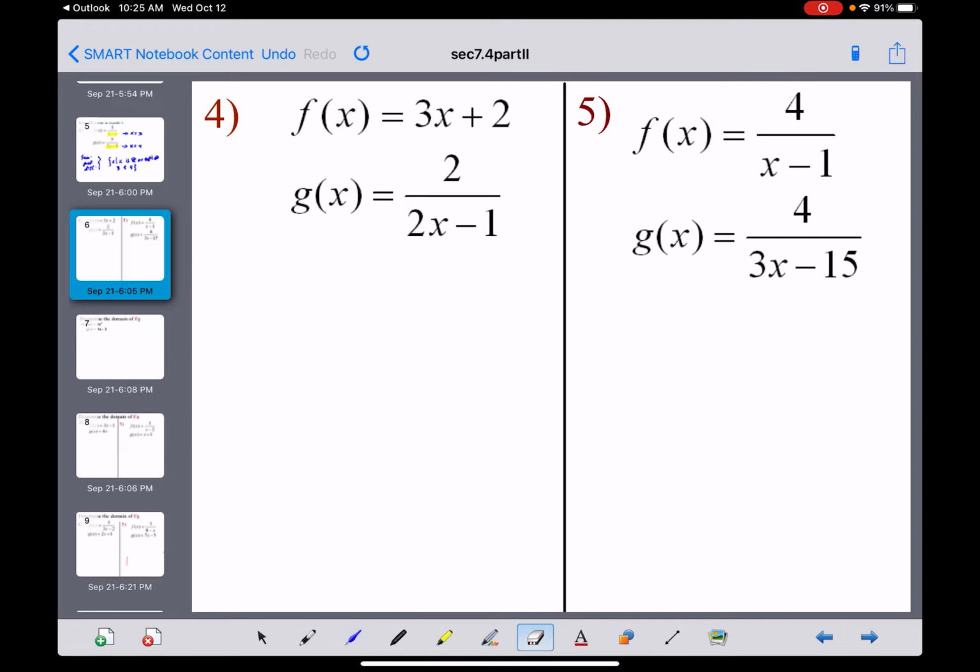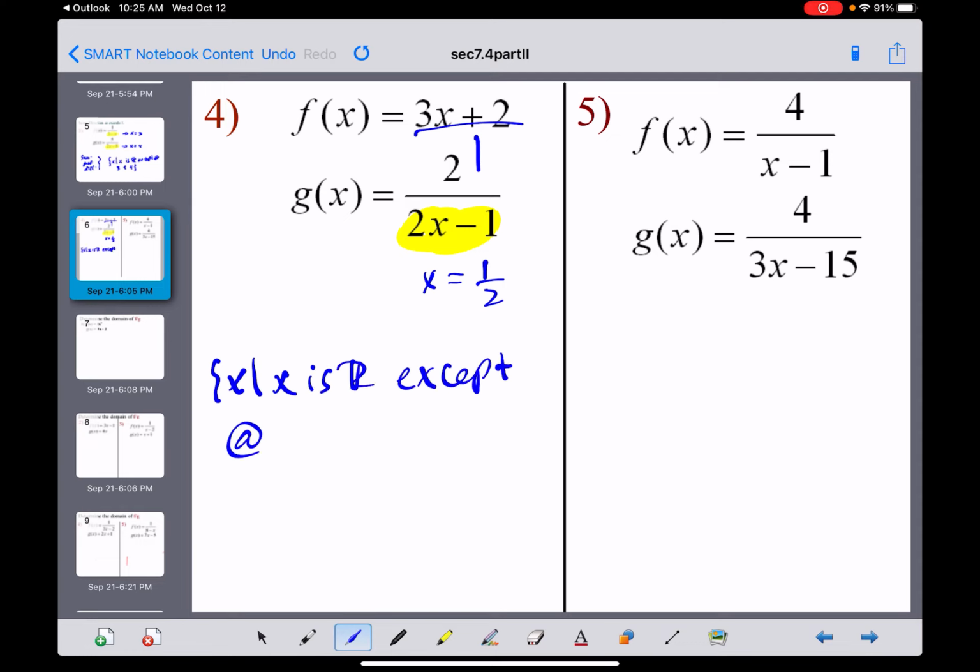For number 4, this is over 1, so we cannot make 1 into a 0, so that's okay. But this one right here, if you look at this, it's not okay at x equal to 1/2. So x such that x is all real numbers except at 1/2.